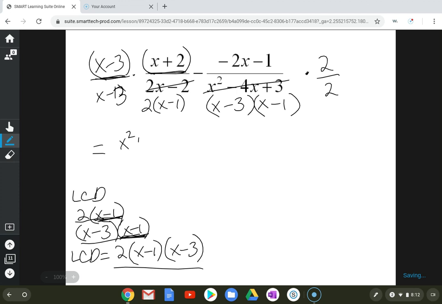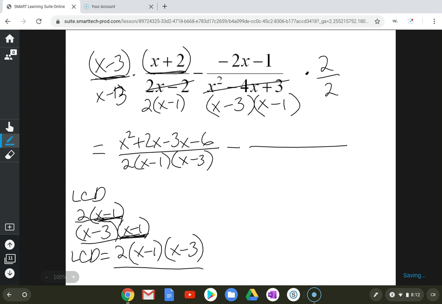So we get x squared plus 2x minus 3x minus 6 over our LCD minus, just for kicks, we throw in a subtraction. So distribute the 2, negative 4x minus 2 over our LCD. Now, in all honesty, this is really silly.